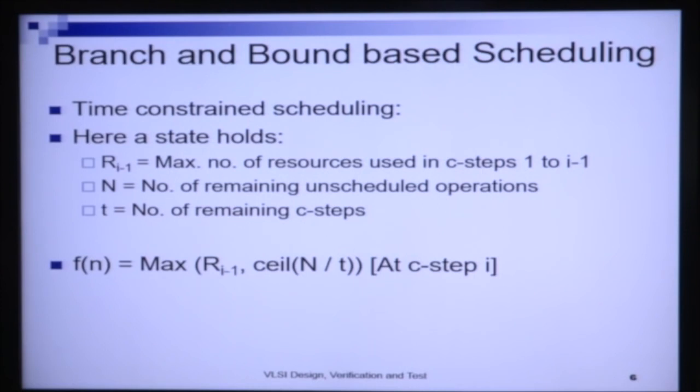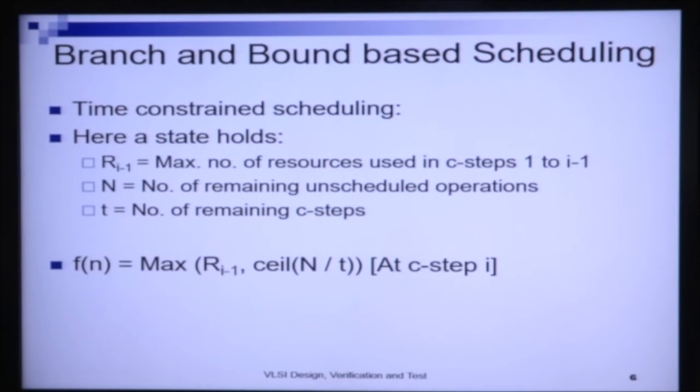So we take the same simplistic assumption that I have one type of resource, 3 instances of that type of resource, and everybody we are assuming has a delay of 1. So what will be the max resources? That means at each time step I will require some number of resources. Here the number of resources is not given to me. Here I want to minimize the number of resources.